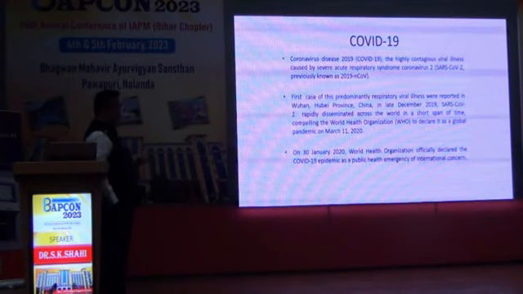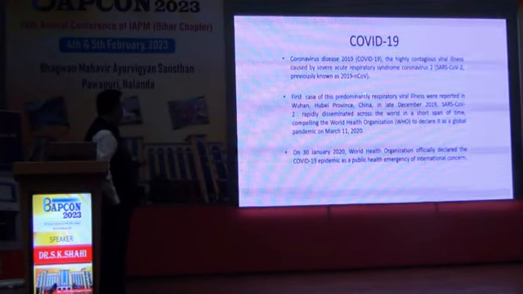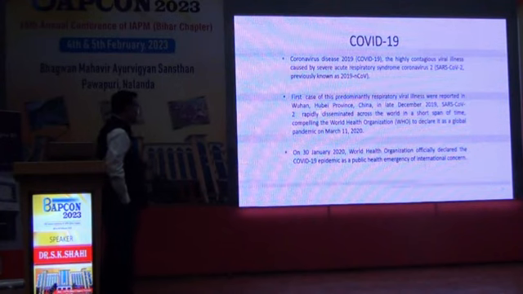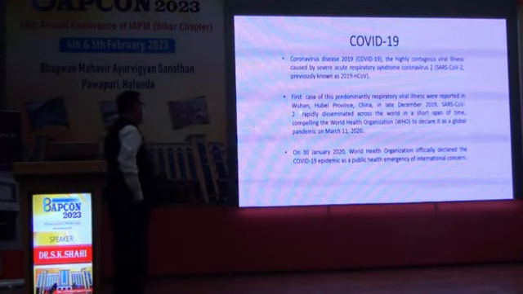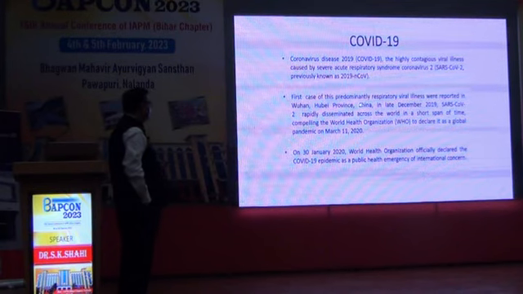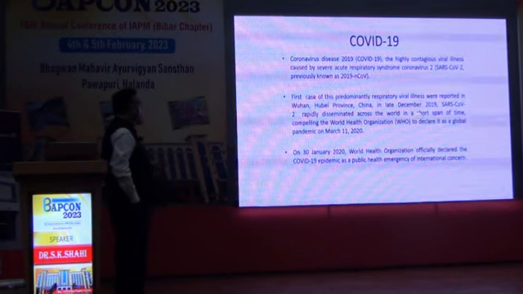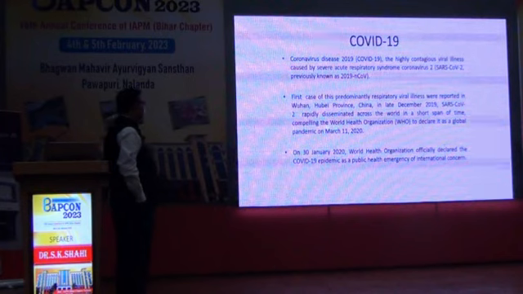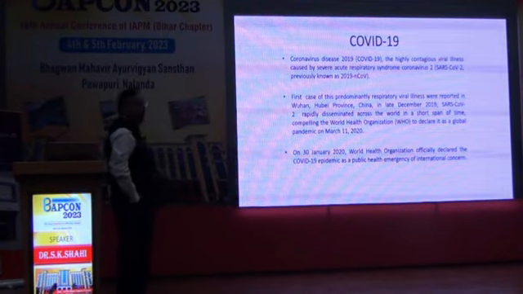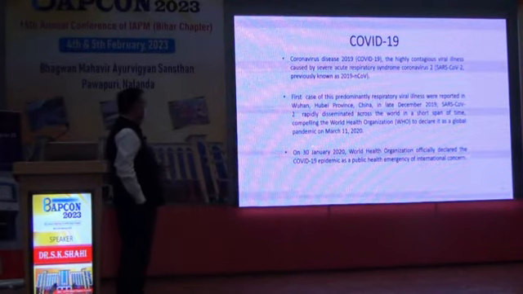The first case, predominantly a respiratory viral illness, was reported in Wuhan, which is why the American ex-president called it a Chinese virus. That was Wuhan, Hubei province, China, in late December 2019. And lastly, the WHO declared it a global pandemic on March 11, 2020.